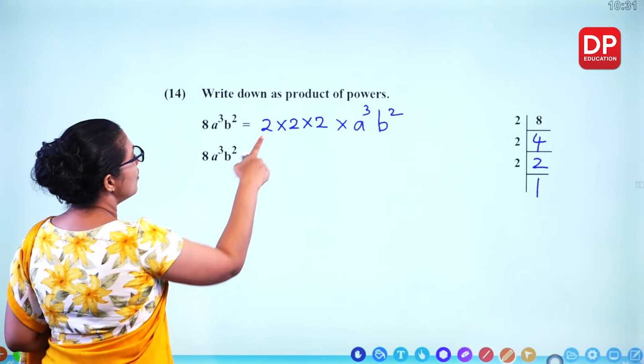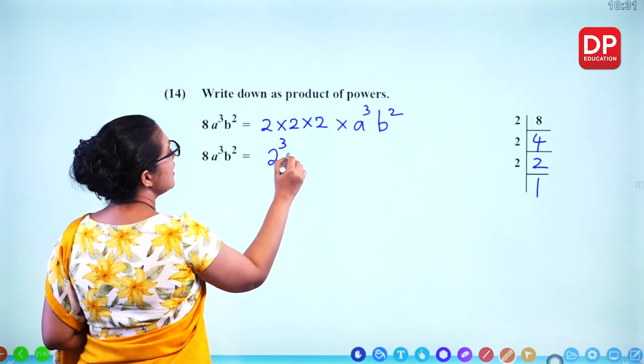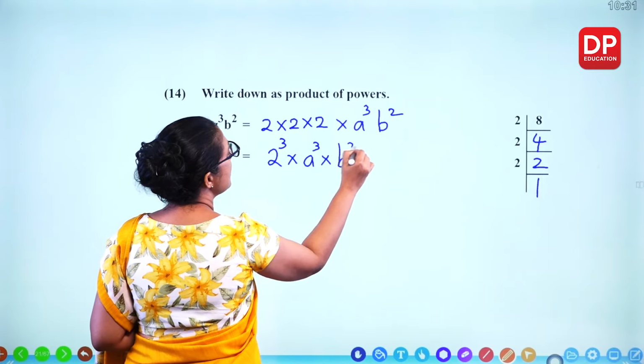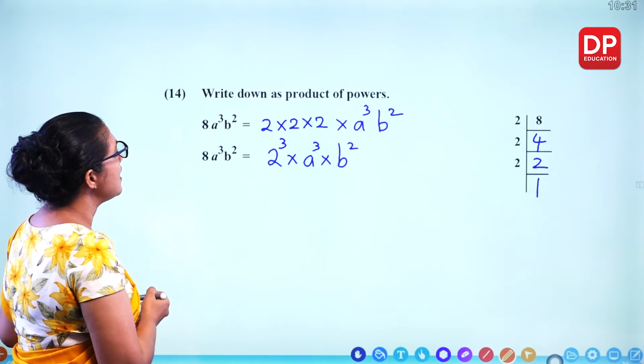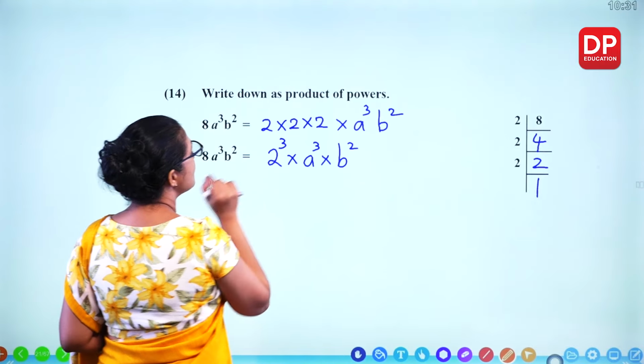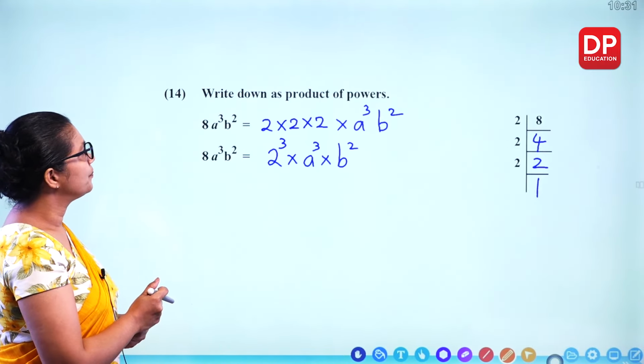Now, how many 2's are there? 2 to the power 3, A to the power 3 and B squared. Now we can see all are powers: 2 to the power 3 into A to the power 3 and B to the power 2.